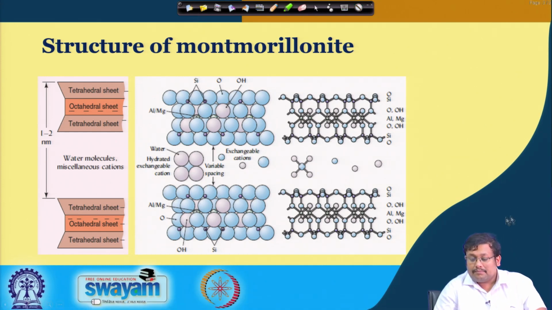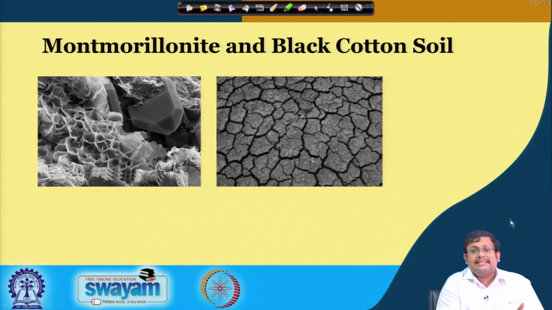This is the electron microscope view of montmorillonite. You can see it is an irregular flake-like structure, and the clay in India which is mostly dominated by this montmorillonite type of clay mineral is the black cotton soil, which you can see in the peninsular region, especially in Maharashtra. As a result of swelling and shrinkage, this soil looks like this.